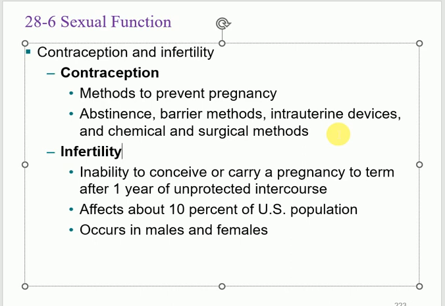So there's no way they will reach the fallopian tubes for conception, but it's not 100% accurate. There is a chemical way, where they can add chemicals. There's a surgical way, where they can cut or obliterate or close the vas deferens in males or the tubes in females. Anyway, there are different ways.